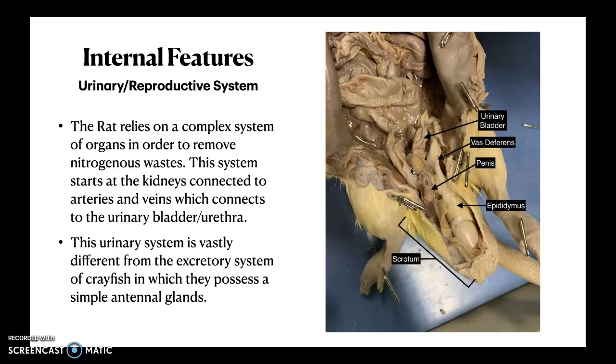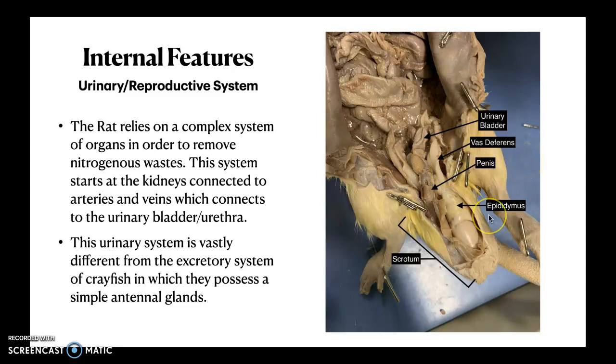Looking at this urinary system, it's actually a lot different from the crayfish, which really only possess this simple intestinal gland that allows them to excrete waste. And then the rat has this complex system starting at the kidneys.